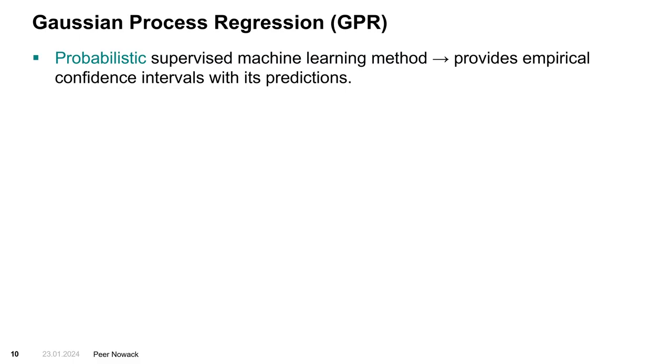Okay, so GPR in a nutshell. We are talking about probabilistic methods, which simply expressed means that we don't just have predictions like with the frequentist methods, where maybe we have to do some bootstrapping or parameter replacement to get some uncertainty intervals. This method comes with empirical confidence intervals on its predictions. And that's one of the main reasons why people in practice use it, to be honest. That's often a justification: they say, oh, we use GPR in this paper because we want to have an intrinsic uncertainty quantification.